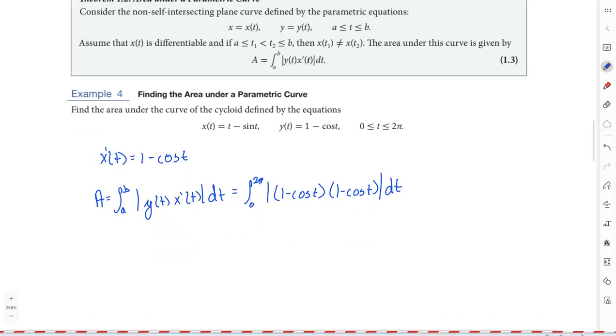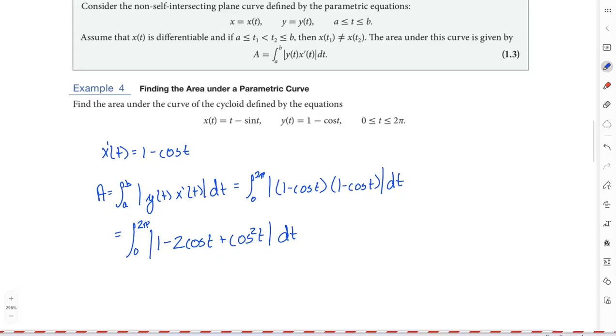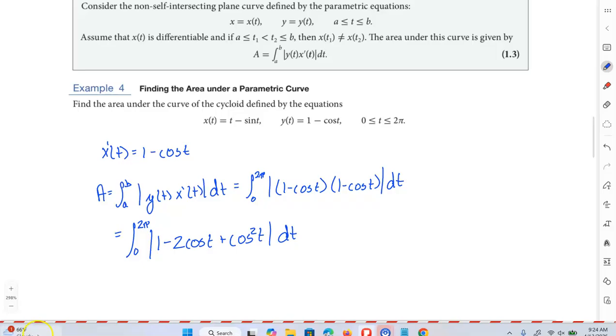I must simplify what's going on here. When I multiply 1 minus cosine t times 1 minus cosine t, I'm going to get 1 minus 2 cosine of t plus cosine squared of t dt. I'm going to graph that to see what I need to do with that absolute value.